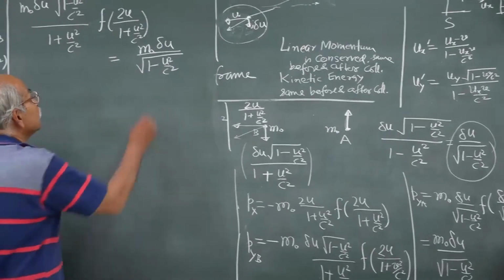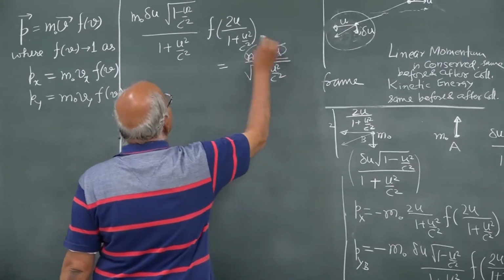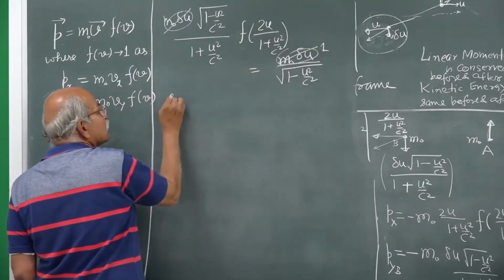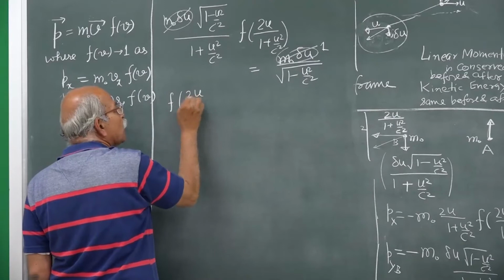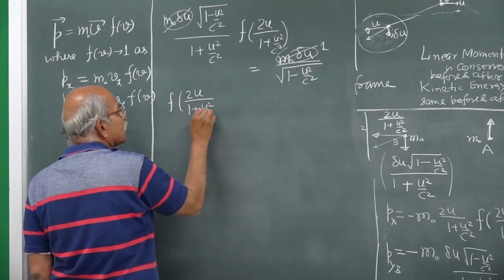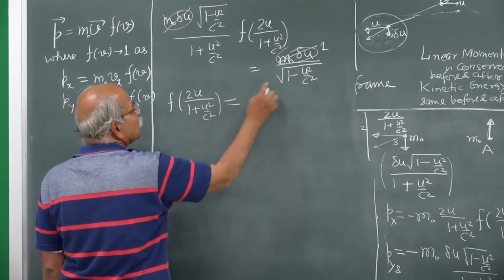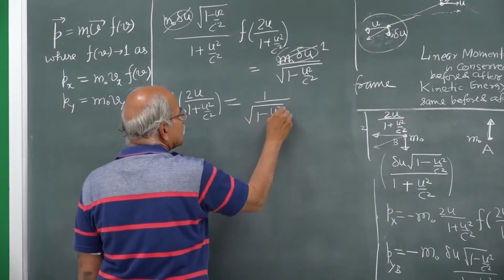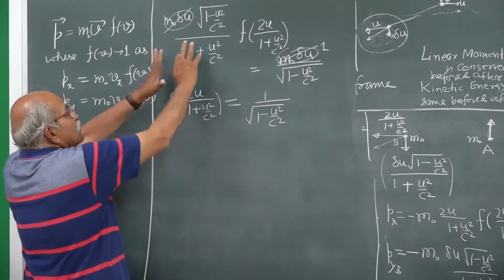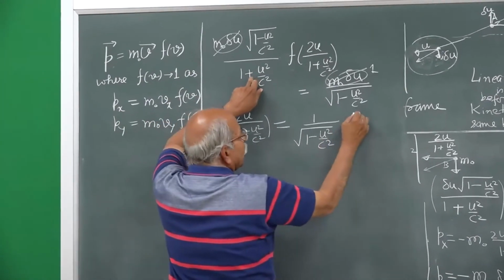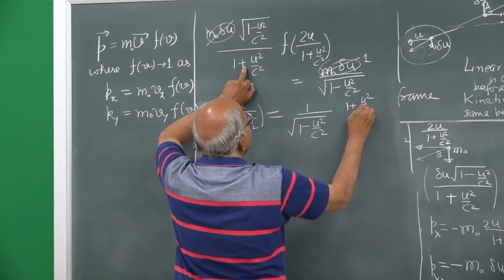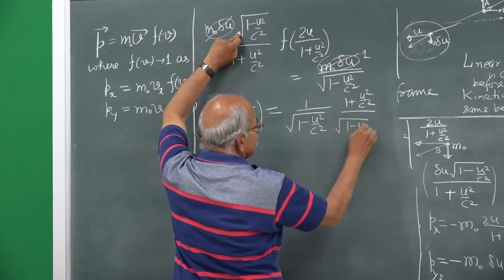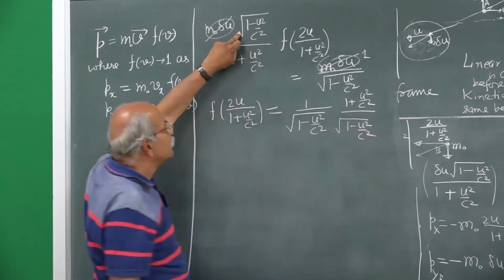So, this is it, and you can cancel out this m naught du here, m naught du here, and you can write f of 2u by 1 plus u square by c square is equal to 1 by square root of 1 minus u square by c square, and then from this side you will have 1 plus u square by c square in numerator and square root of 1 minus u square by c square in denominator.